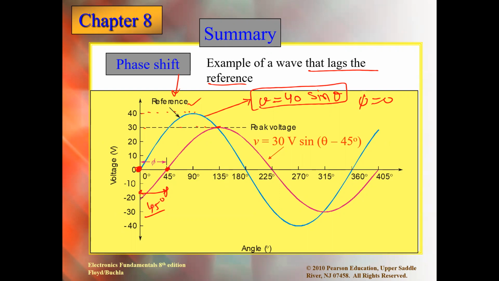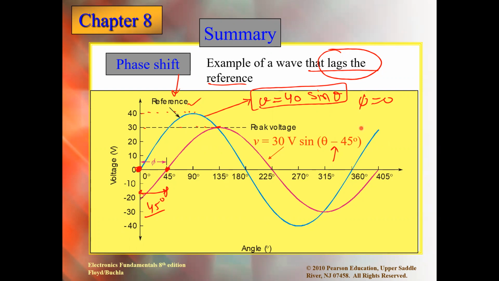Now, is it leading or lagging? The reference is starting at this angle, but the other waveform is starting late. So we can say the waveform lags the reference by 45 degrees. Lag is shown with a negative sign, so we write 30 sine theta minus 45.